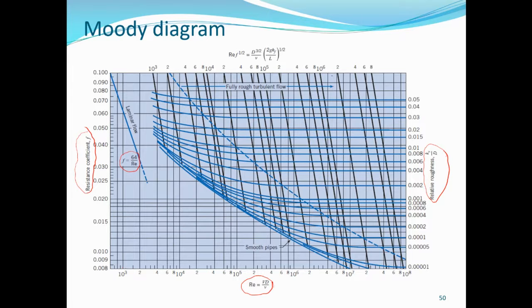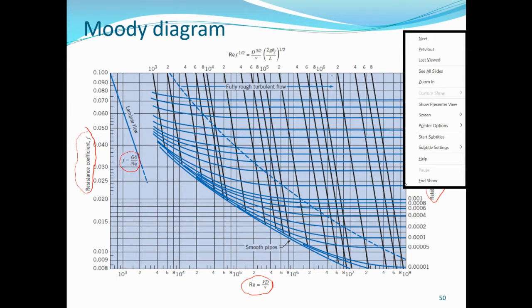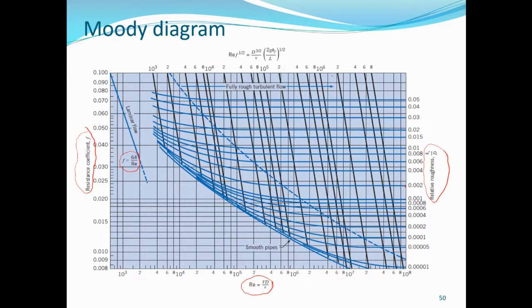Let's say you have a Reynolds number of 10^5, and the relative roughness is 0.02. This is the curve for 0.02, isn't it? So you follow the curve up to where you have a Reynolds number of 10^5, which is here.